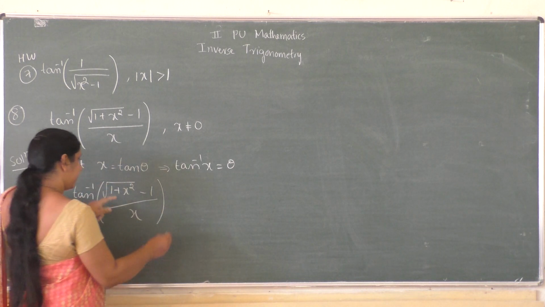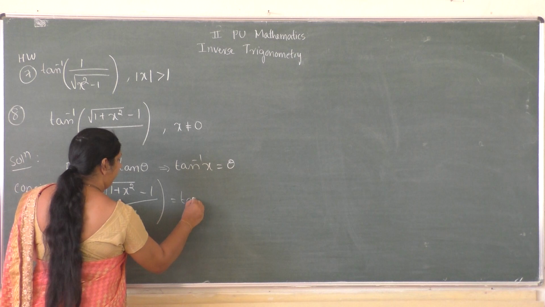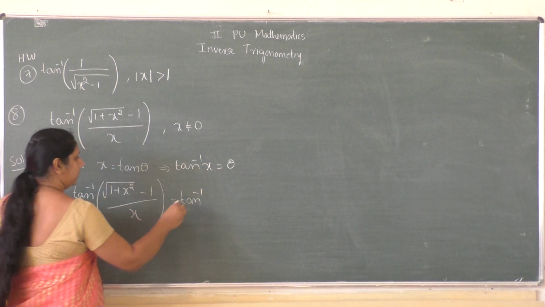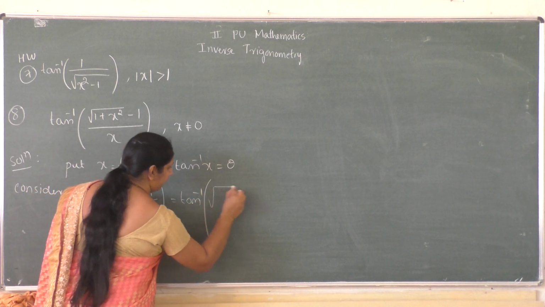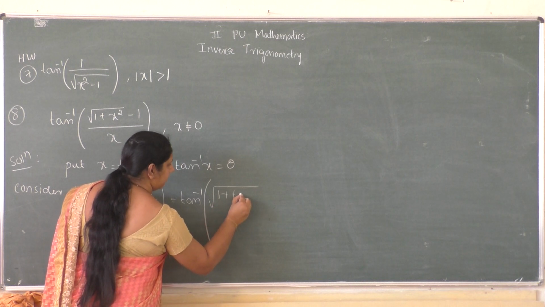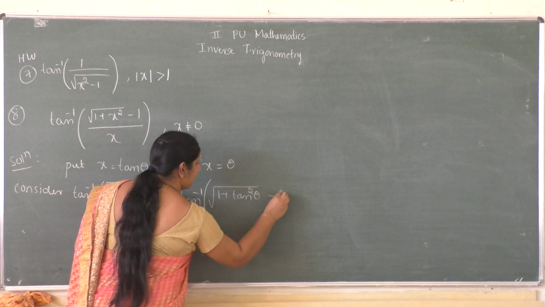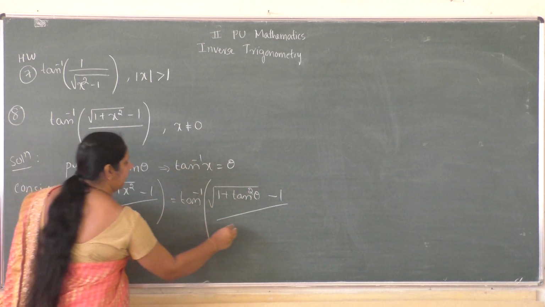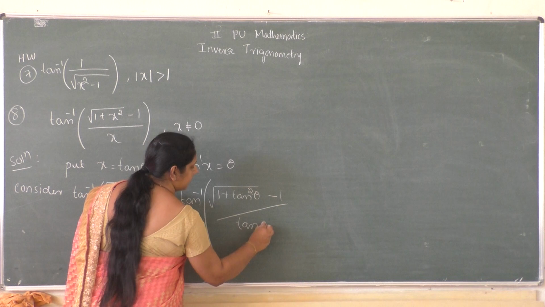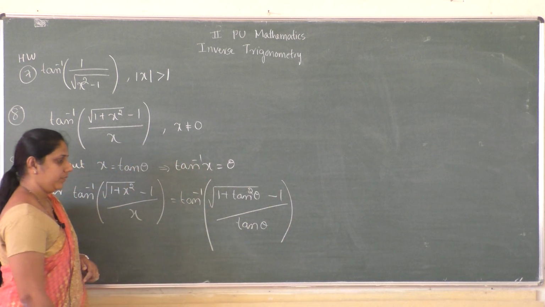Now we will substitute tan theta in the place of x. So it becomes tan inverse of root of 1 plus tan square theta minus 1, divided by tan theta.